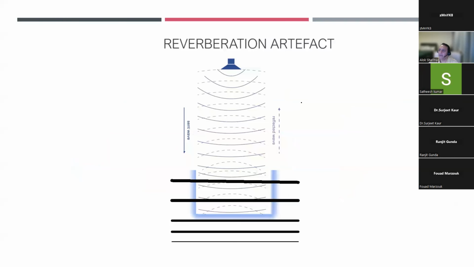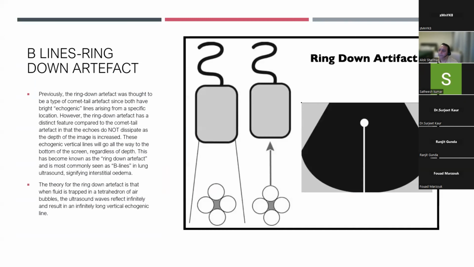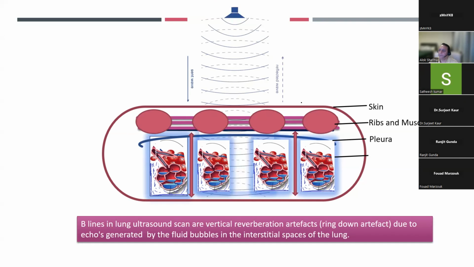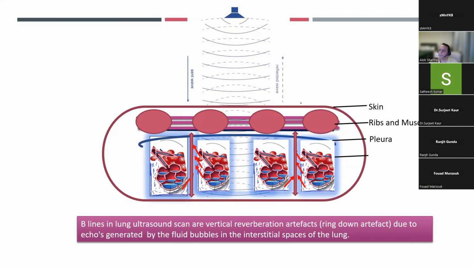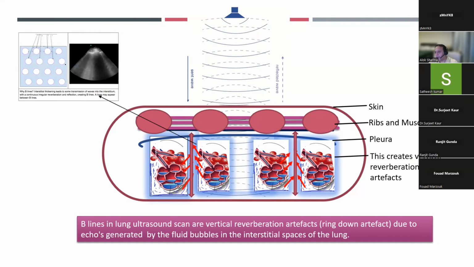Can you see the image on the left side? Fluid is organized in the interstitial space in the form of these small fluid bubbles. This is the theory behind it.